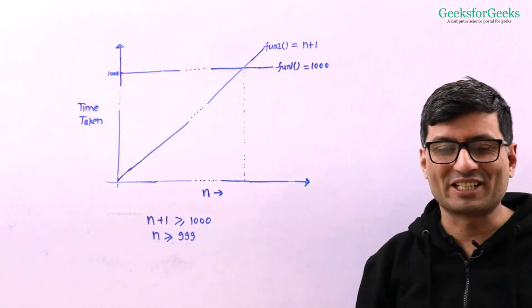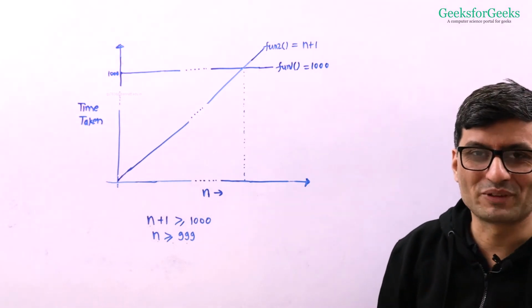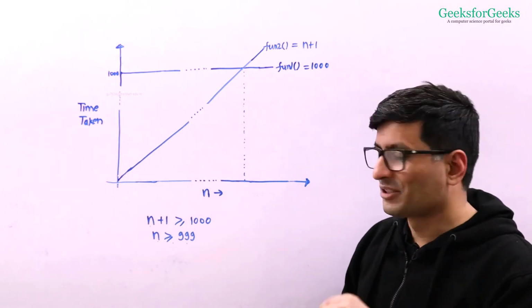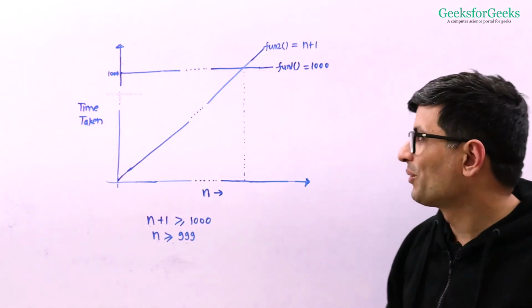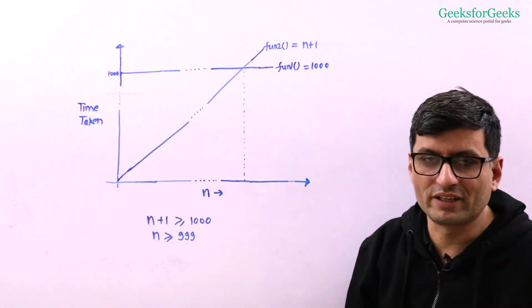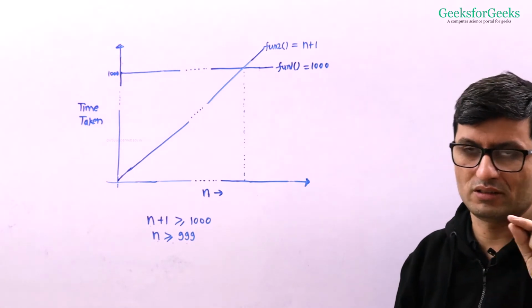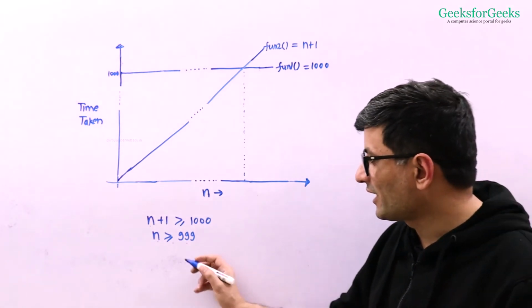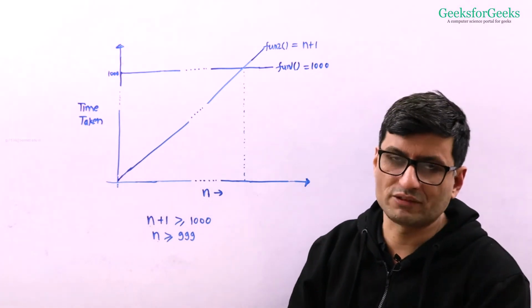Now your friend says that my program is taking less time. How do you prove that your program is faster? The asymptotic analysis works here as well. There is going to be a value of n after which your friend's program is always going to take more time. It's just that the value of n is higher this time because you have a slower machine and your friend has a faster machine.